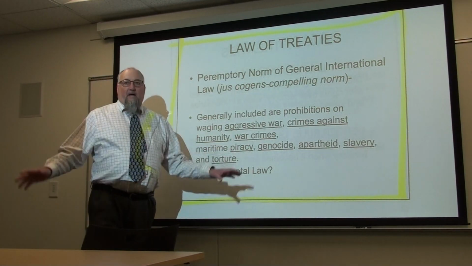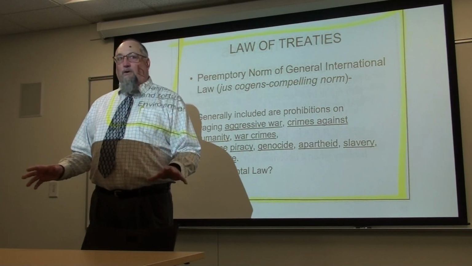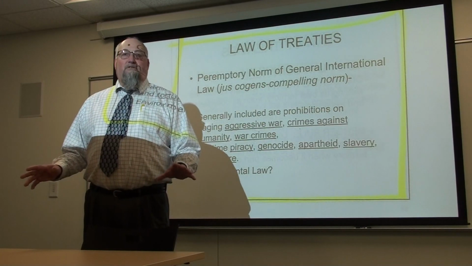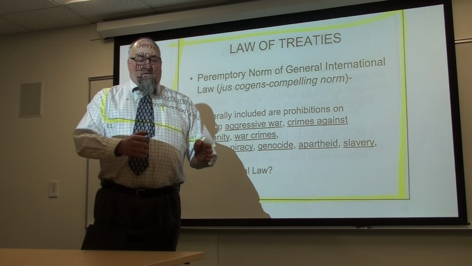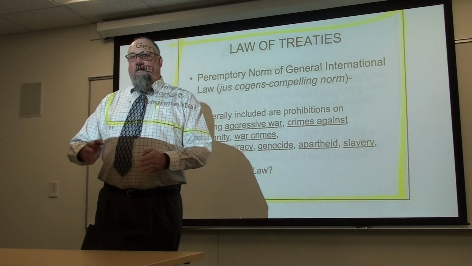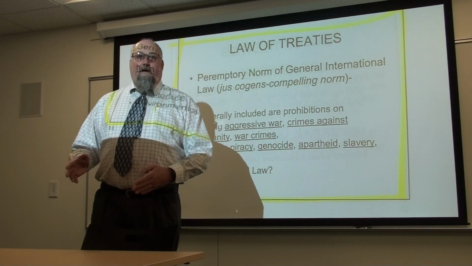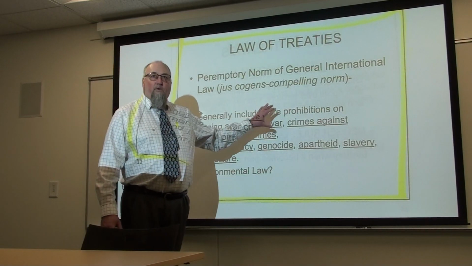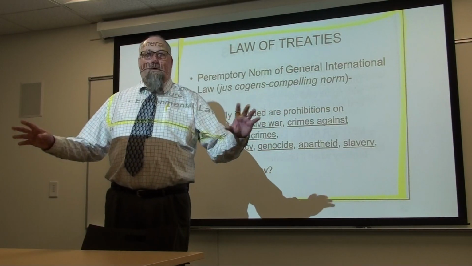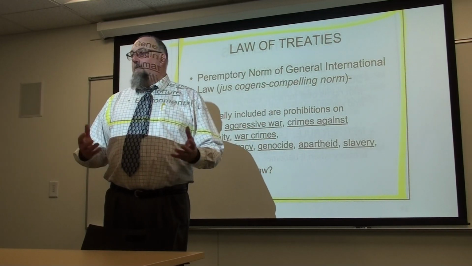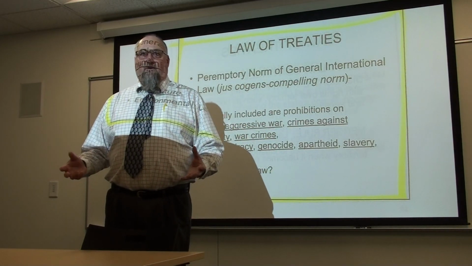Now that's all fine on paper, right? In the real world, this goes back to the very first day of class. If a law is not enforced, is it still a law? Are peremptory norms always enforced? No, we know that. In a perfect world they would be, but they're not. That's just reality.